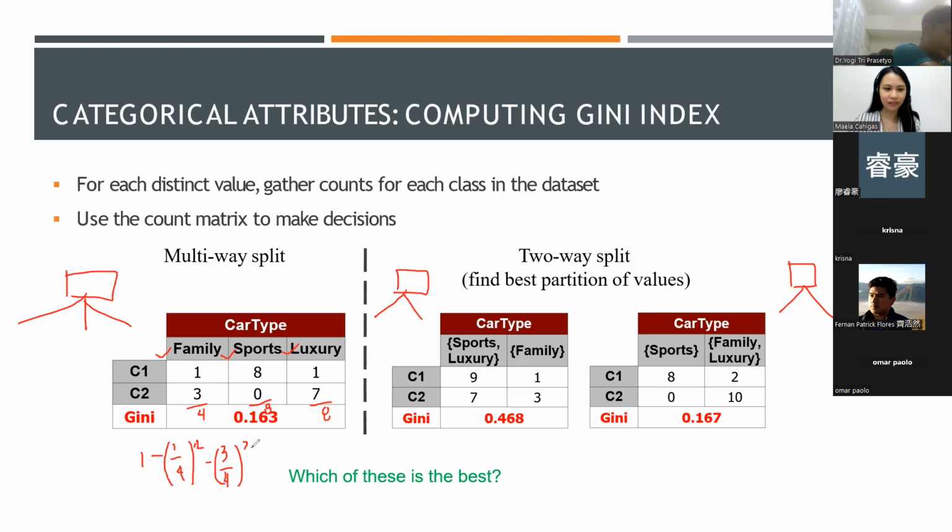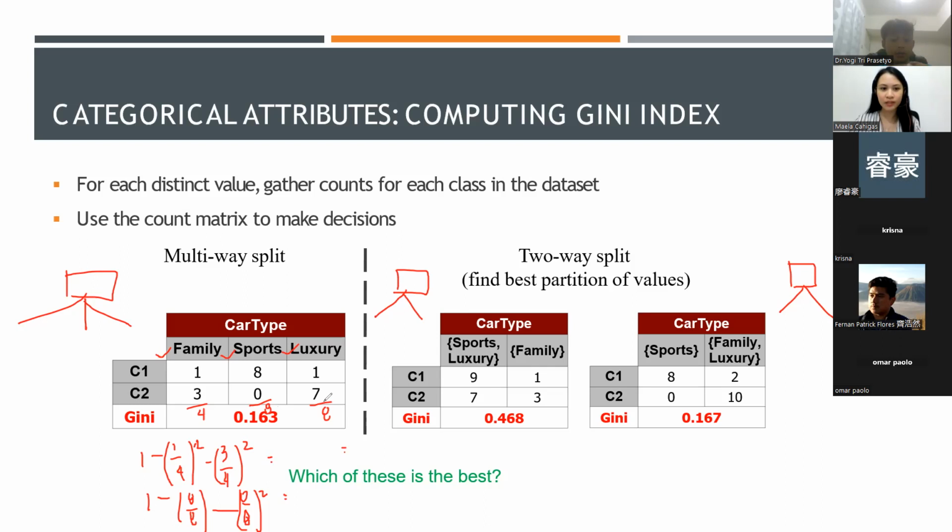All right. And then for the other one, we also have to calculate it as 1 minus (8/8) squared minus (0/8) squared. And then same for the other one. And then we'll just have to calculate the sum of all the values.